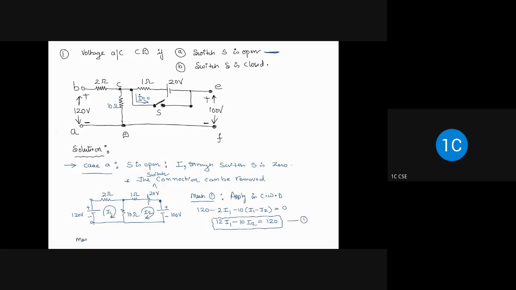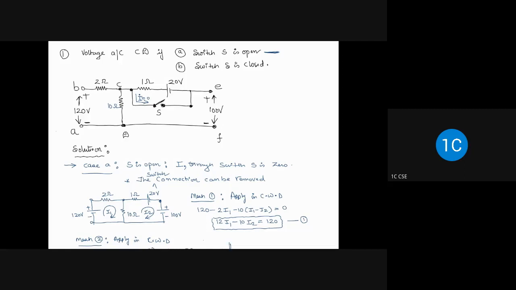Then I will apply KVL in mesh 2. Again, I will apply it in the clockwise direction. So what do I get? I get minus 10(I2 minus I1) minus I2 minus 20 minus 100 is equal to 0.